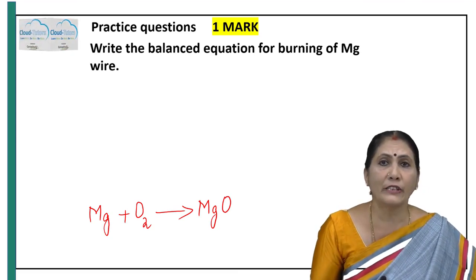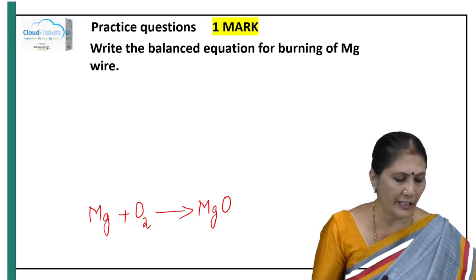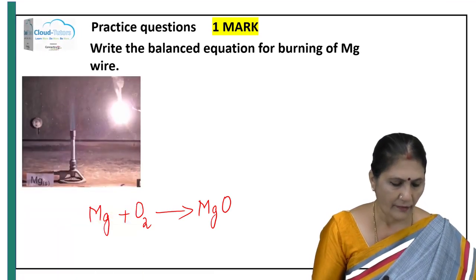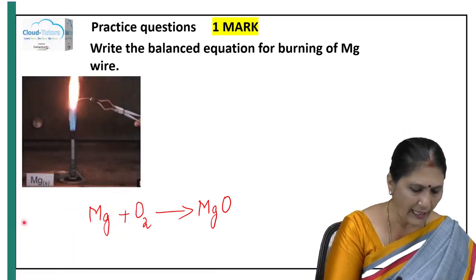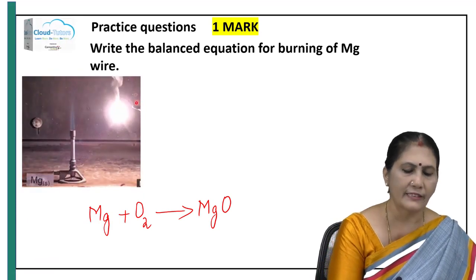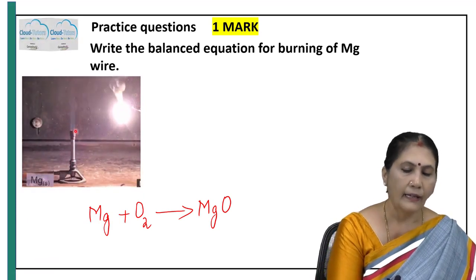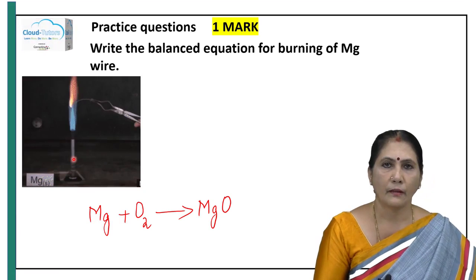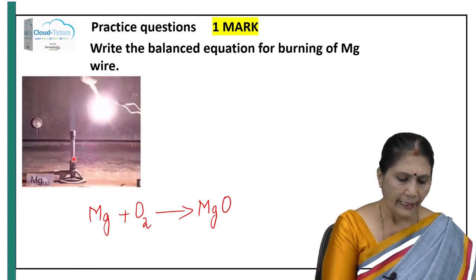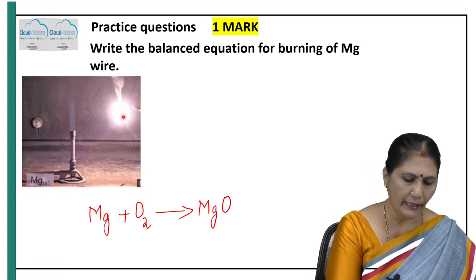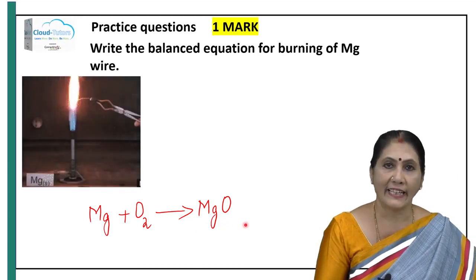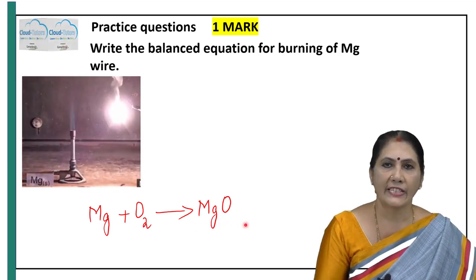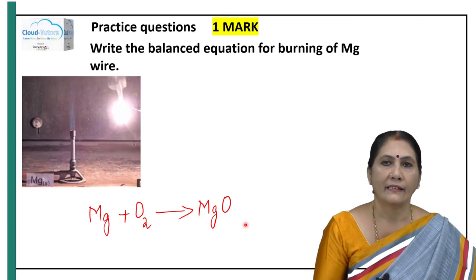Now let me show you this activity of burning of magnesium. Magnesium ribbon is well held by means of a tongs, and it is burnt by a burner, Bunsen burner. Immediately magnesium wire gets burnt and it gets converted into magnesium oxide, white ashes of magnesium oxide.